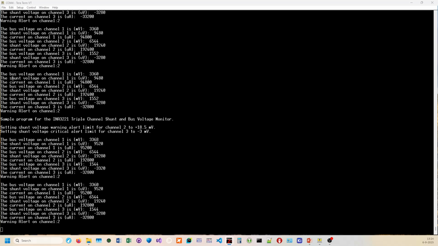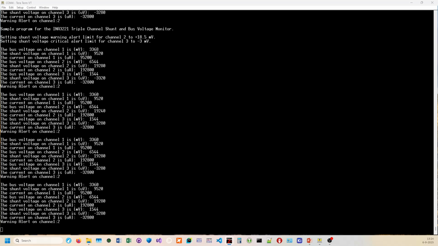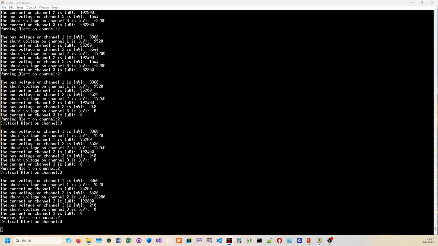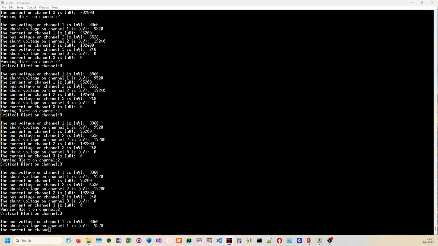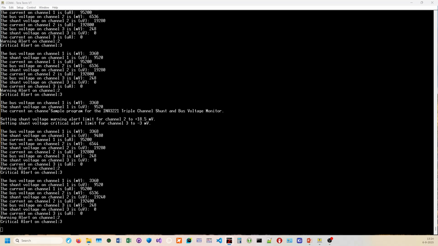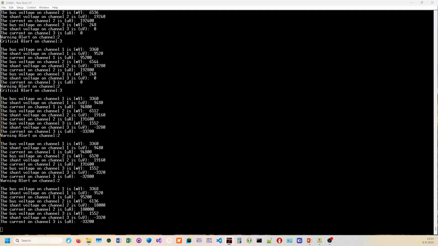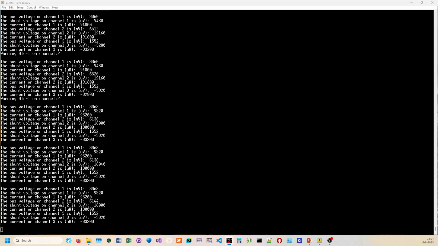So I will continue and I will remove the battery, and then I get a critical alert, because of course there is no current flowing. If I now connect the battery again and lower the voltage on channel 2, both the alerts are gone.